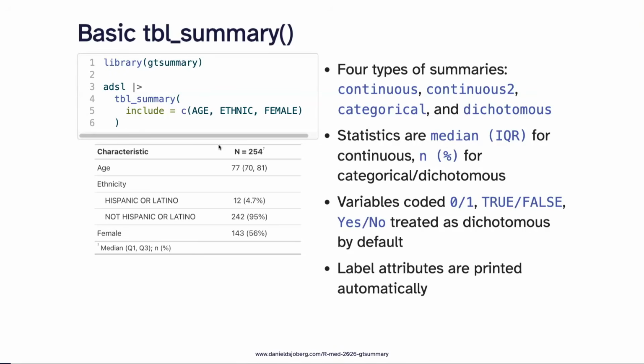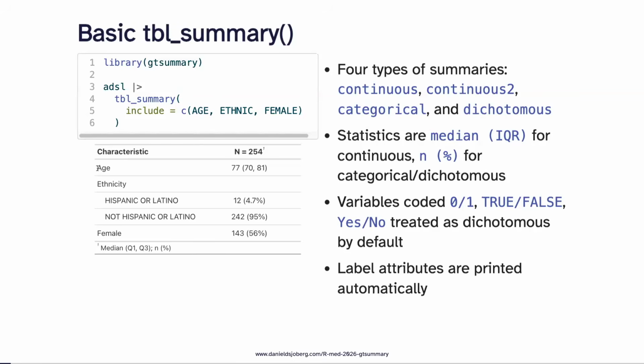So we've talked about continuous summary types and categorical summary types. There is a fourth summary type called continuous2, which gives you continuous summary statistics that are shown on two or more rows. We'll get to an example of that as well. You'll see here that the default stats are median and IQR, and count and proportion for the categorical and dichotomous.